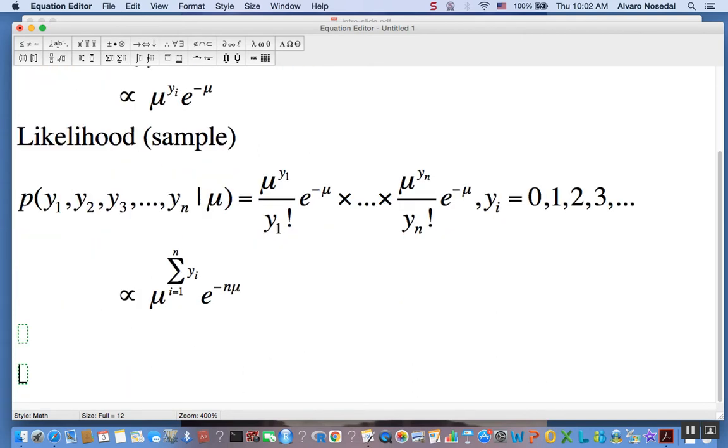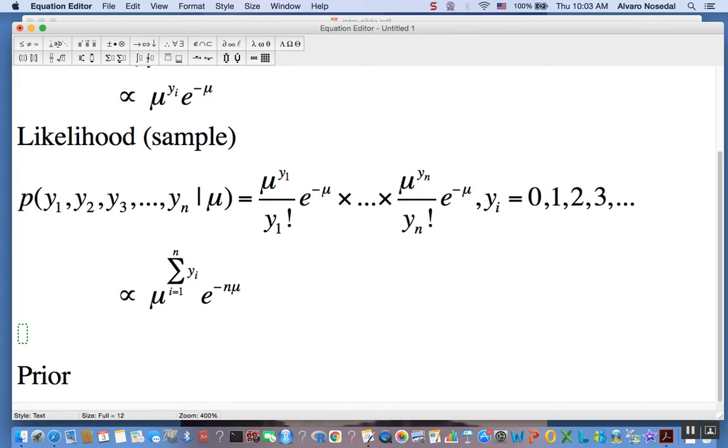Now, as we said at the beginning of the video, the prior that we're going to be considering is a gamma prior, and we know that a gamma prior happens to be a conjugate prior for that parameter mu that we are interested in.